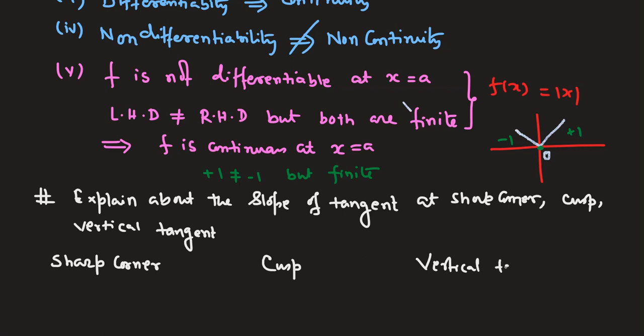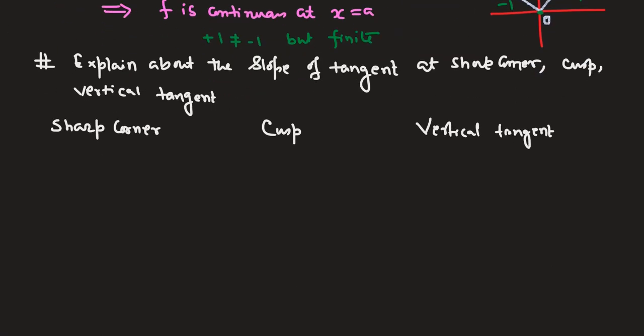Now for the sharp corner we can use the mod function, because it is very easy to remember. So for the sharp corner I am using the mod function. This is our definition of mod: y is equal to mod of x. At the point 0 the function is not differentiable, but the right hand derivative is plus 1 and the left hand derivative is minus 1.